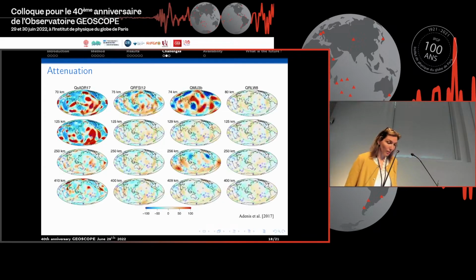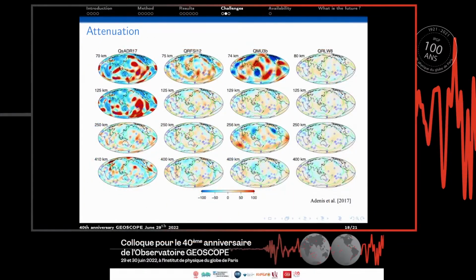So there are tomographic models of this Q factor, and here is a summary picture of some of them. What you can see is that, again, they don't agree very well with each other. They only exist for the upper mantle, so we still need to extend to the lower mantle. Attenuation is a key parameter, because, for instance, when you have a slow velocity region, it could be due to an increase of the iron content or an increase of temperature.